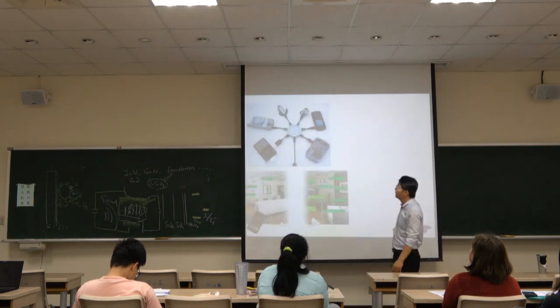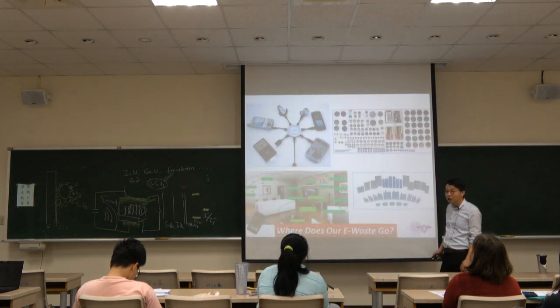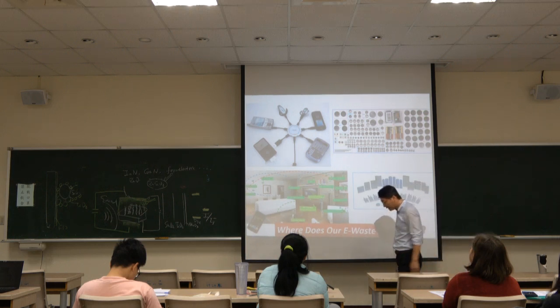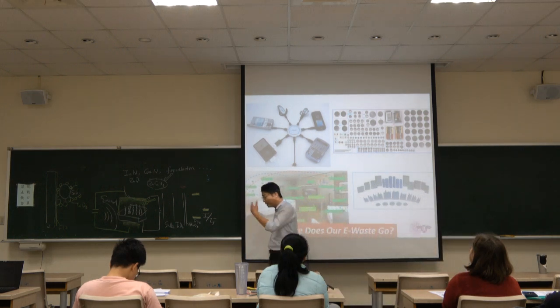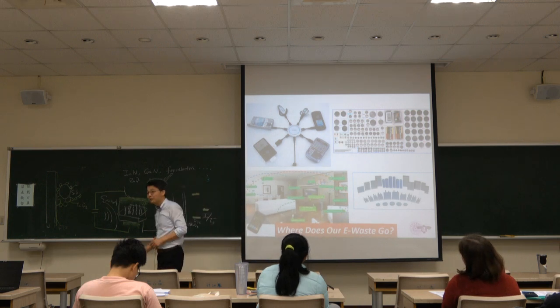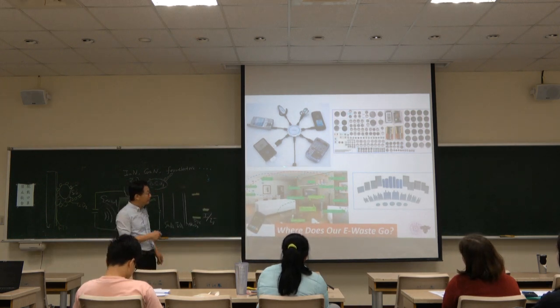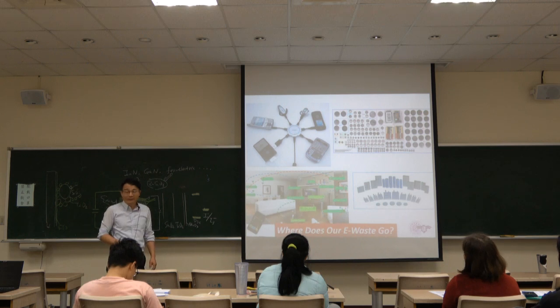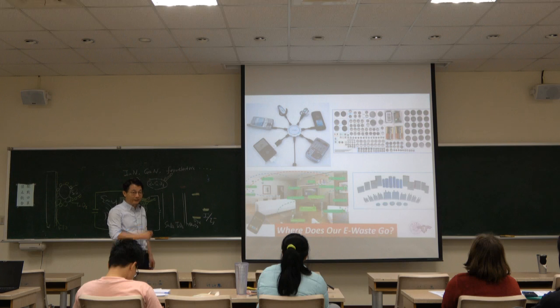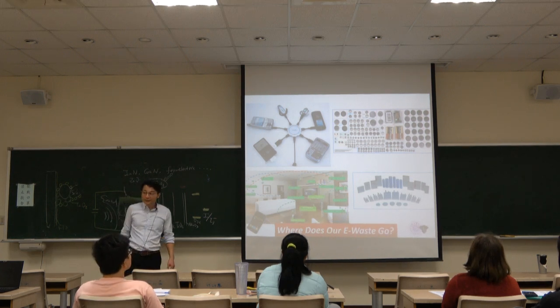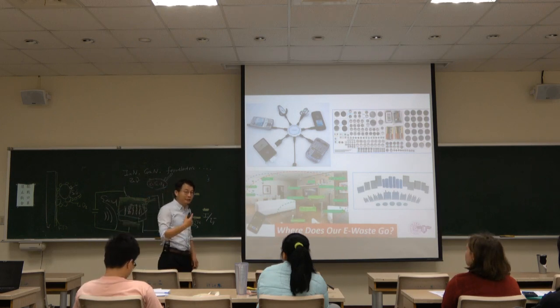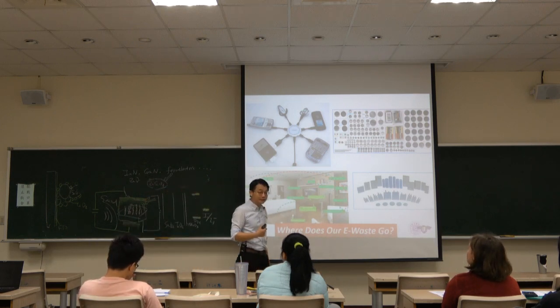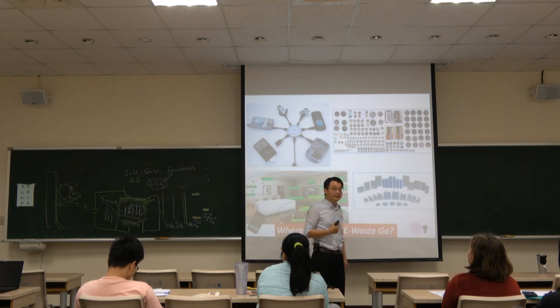But now we are facing an issue. In the first chapter I already showed you about electronics waste. Now electronics waste is a huge category. You have different sizes of batteries. Sometimes this battery can be recycled, but you have to consider how much it will cost to do such recycling.